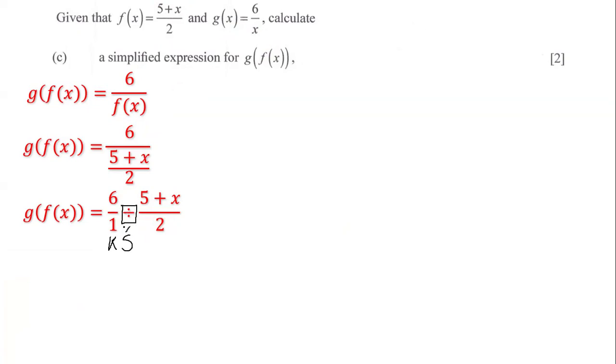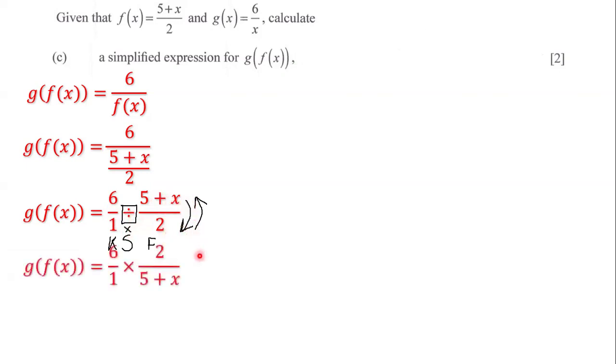And then we're going to flip this fraction, so that this goes at the bottom and this goes at the top. Keep, switch, and flip. That's how we divide 2 fractions. We keep the first fraction intact, we switch the division sign into a multiplication sign, and we flip this fraction. The 5 plus x goes at the bottom, and the 2 goes at the top.